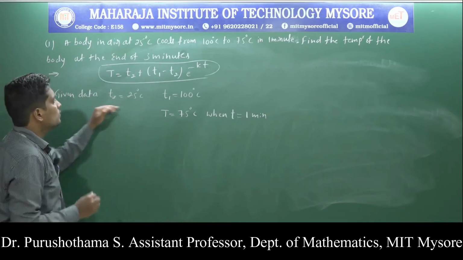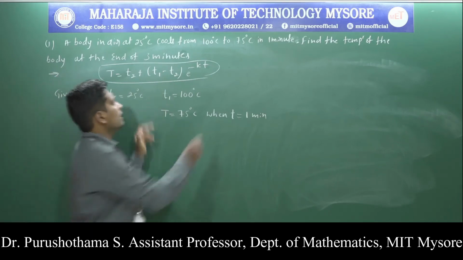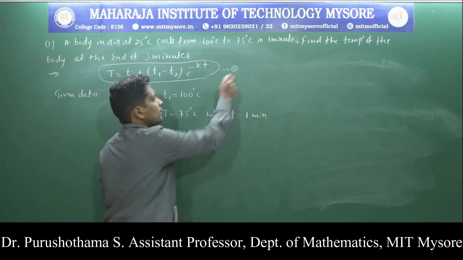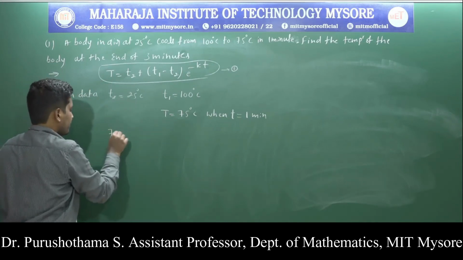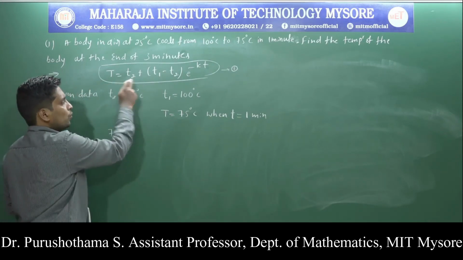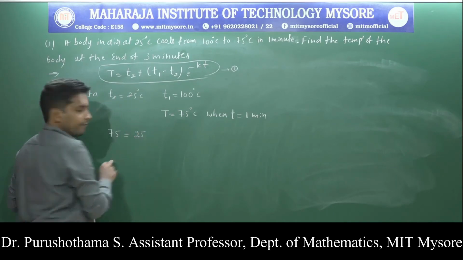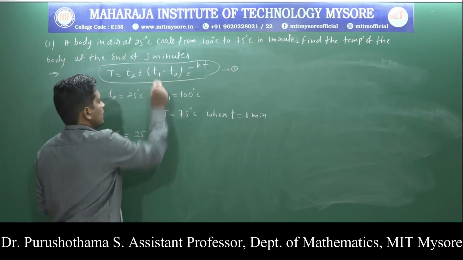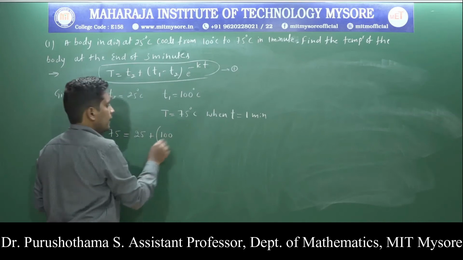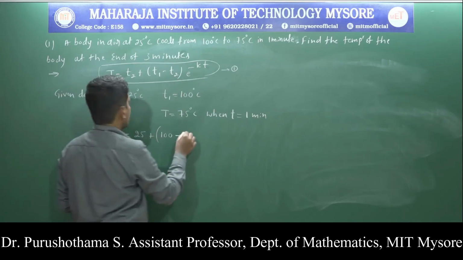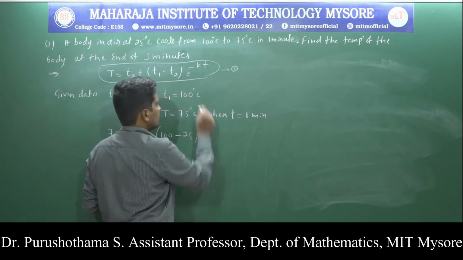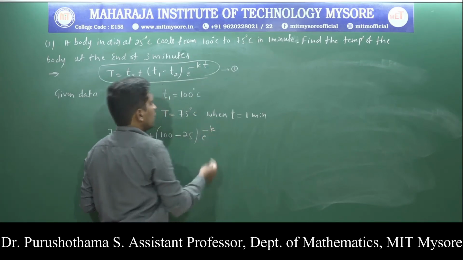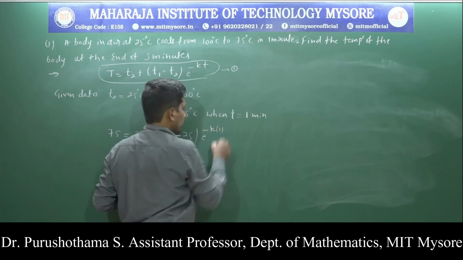So therefore, using the given data in equation 1, we get T equals 75, T2 equals 25, T1 the initial temperature is 100. So 75 equals 25 plus (100 minus 25) into e power minus K, with t equal to 1 minute.